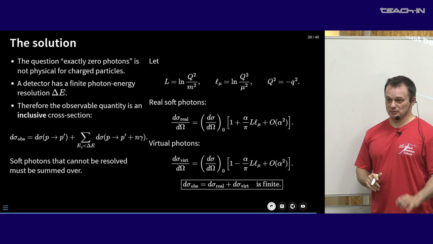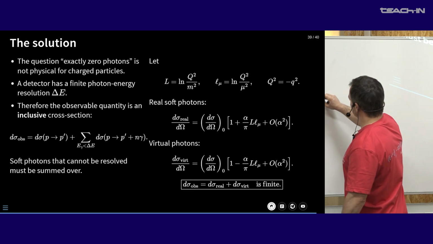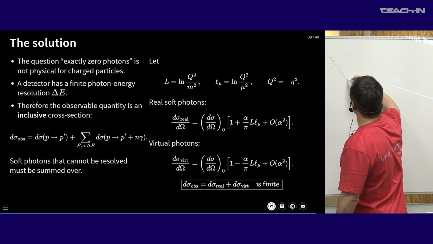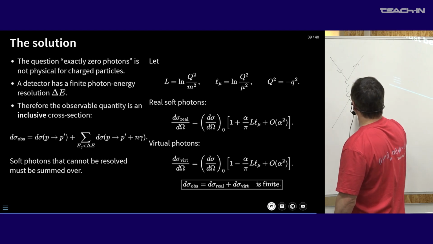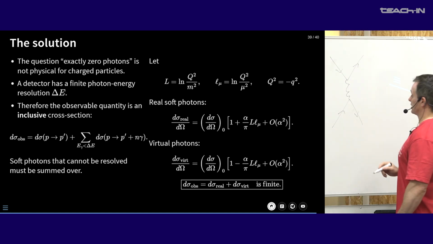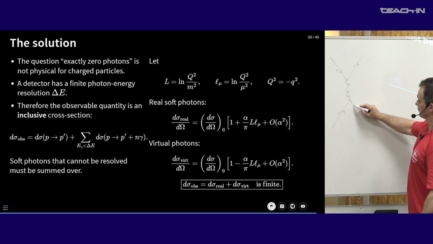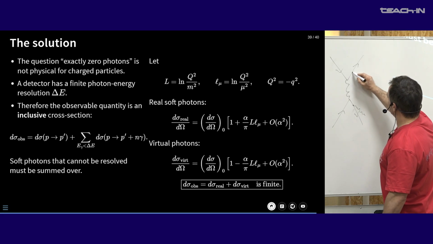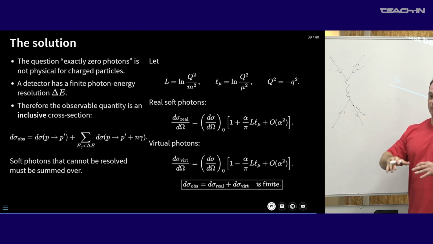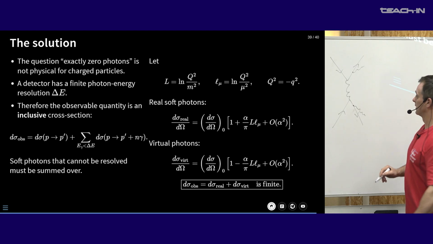This is the one diagram. Then you should add to this diagram another type of diagrams where one of these legs emits a real photon. It can be here, it can be here, and actually you have to sum up all these kinds of diagrams, single photon, two photons, and so on. This is for the first one.